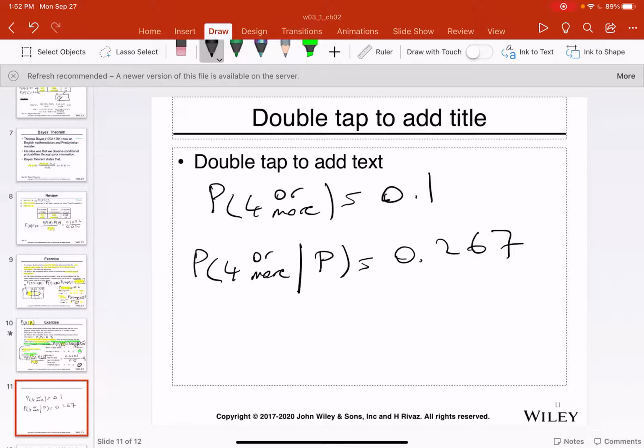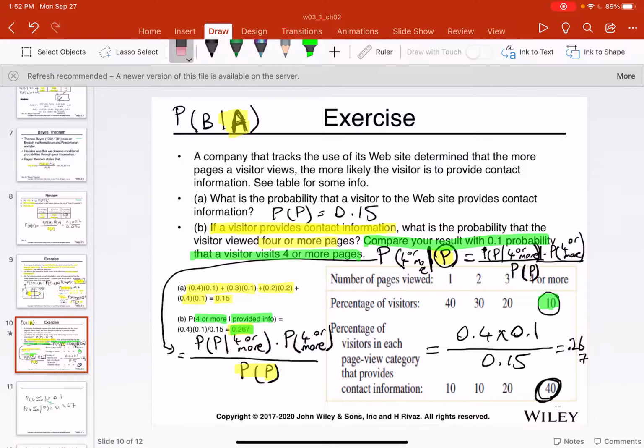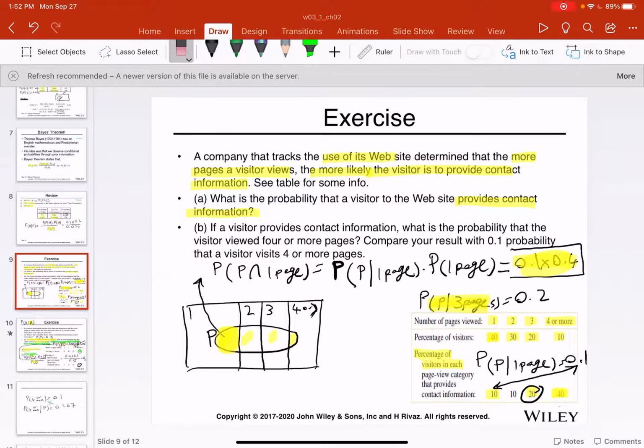So we see that they are not equal, right? So these two are not equal to each other, and that means that they are not independent, right? So we should be glad that here, we didn't assume they are independent, because that would have been wrong. We just use the equation that's always correct.